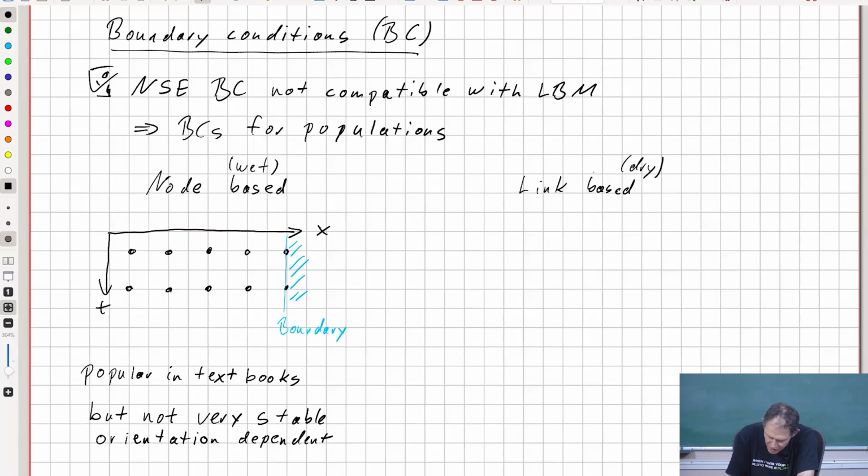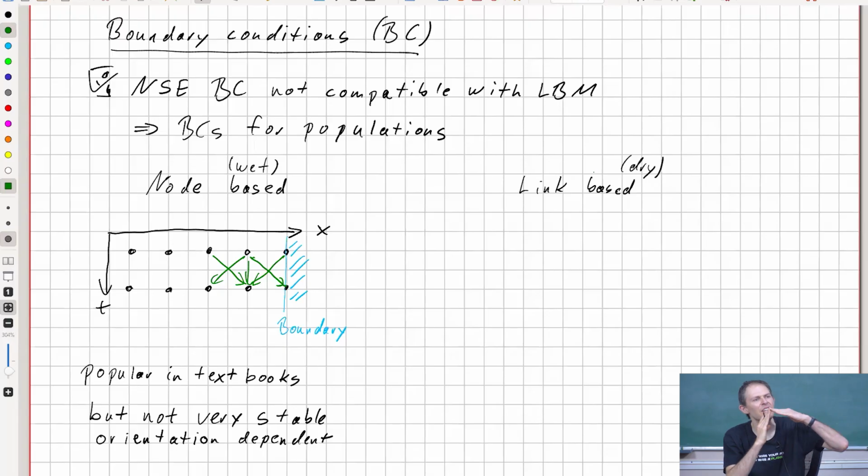Because you see, it depends which direction is incoming and which direction is non-incoming, and also if you are on an edge or in a corner, they will behave differently because you have more or less.